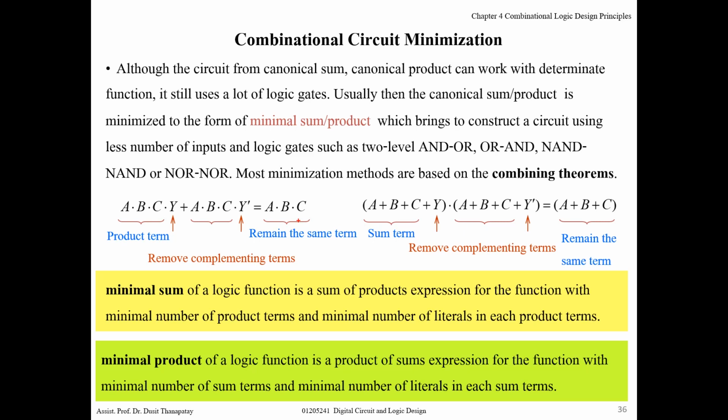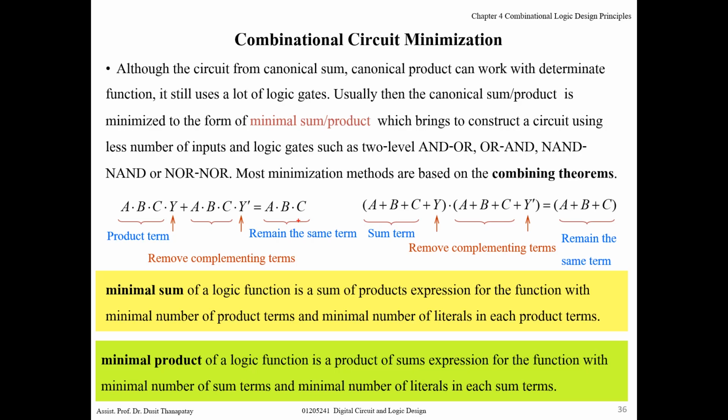But it's not convenient if you use only switching algebra. Today we will introduce one technique that you can use to reduce by something like a graphical method.